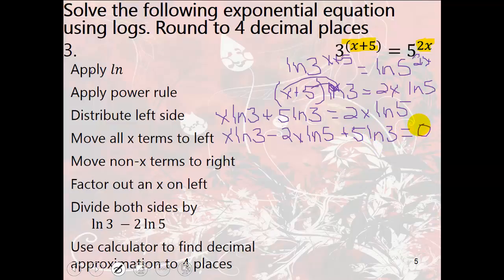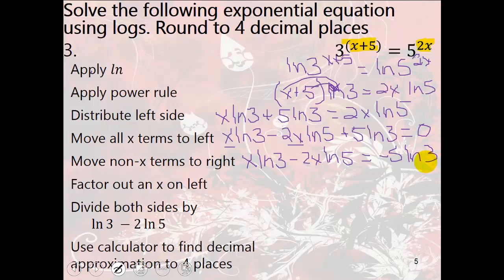Okay, so I need to get my x's all alone, so I'm going to move my non-x terms. This is an x and this is an x, so those have to stay on the left. So I'm going to get x ln of 3 minus 2x ln of 5 equals negative 5 ln of 3.